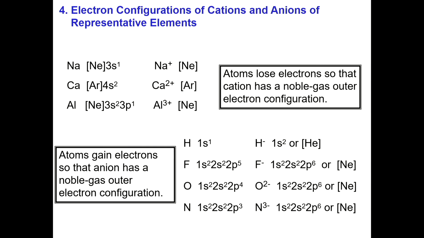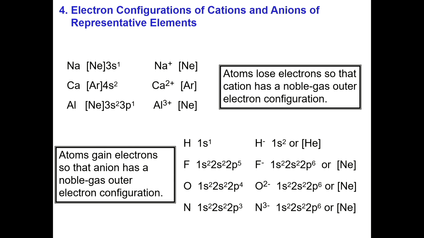For example, when these 3 elements lose 1, 2, or 3 electrons, they have the same number of electrons, right? So these cations are called isoelectronic.